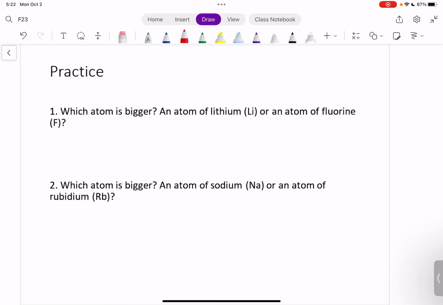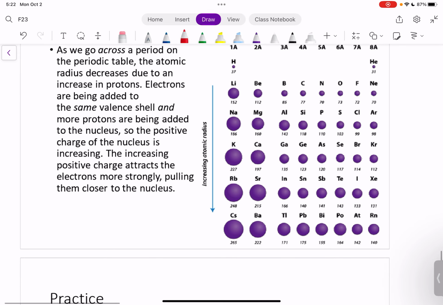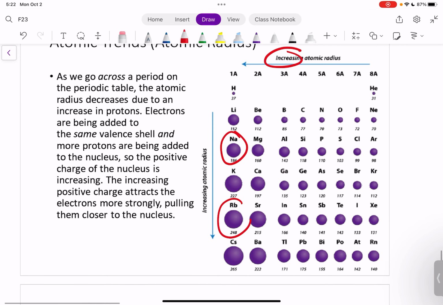So we said lithium is bigger because it is left of fluorine. All right, which atom is bigger, an atom of sodium or rubidium? So looking at sodium versus rubidium. Sodium is above rubidium on the periodic table.